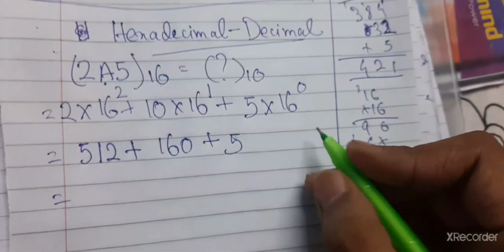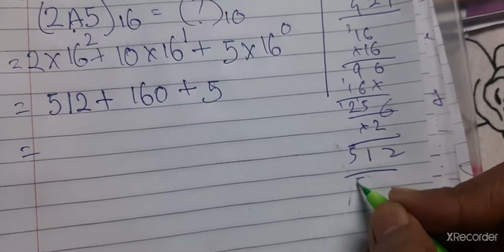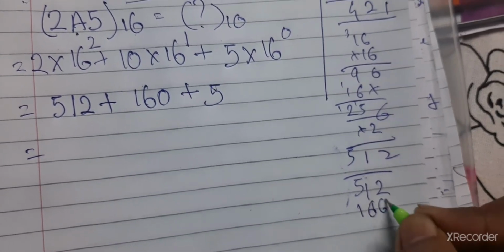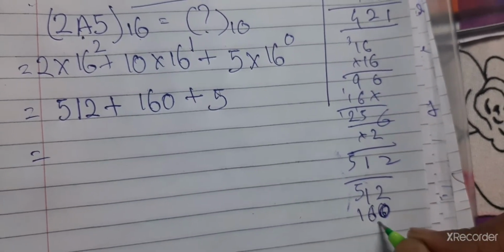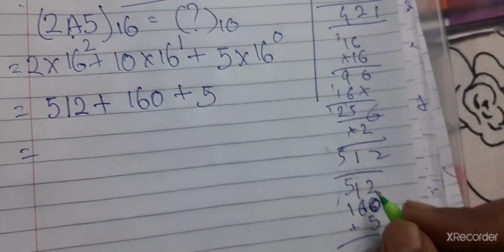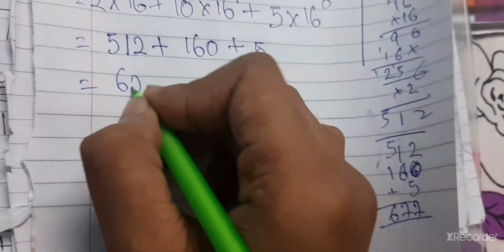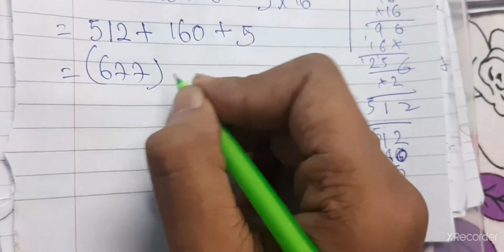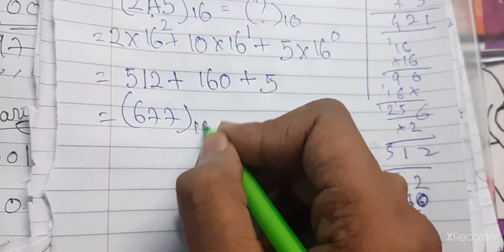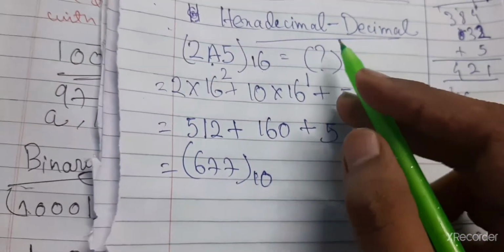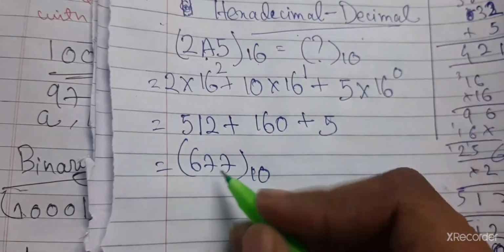We'll add up 512 plus 160 plus 5. So it gives the answer 677. 677 to the base 10. So this is how we convert a hexadecimal to a decimal.